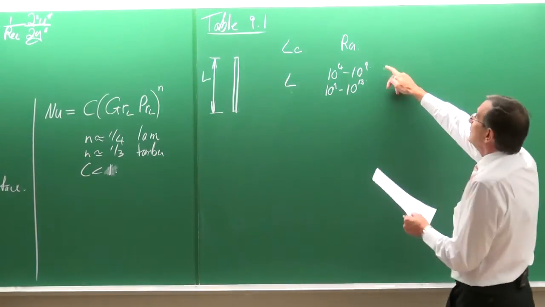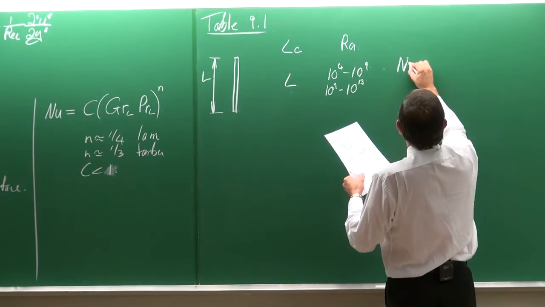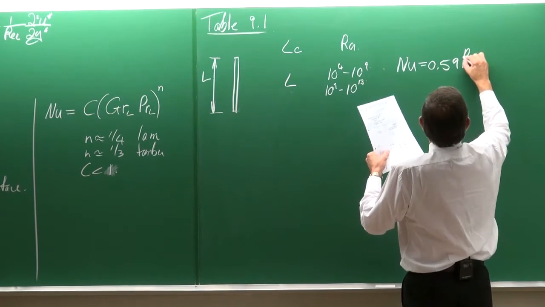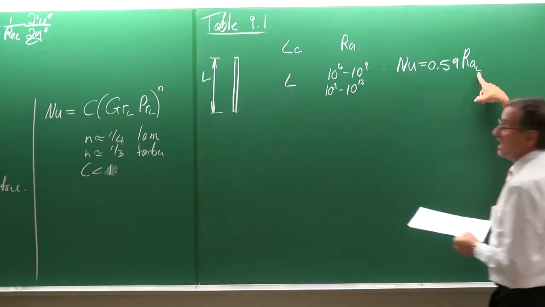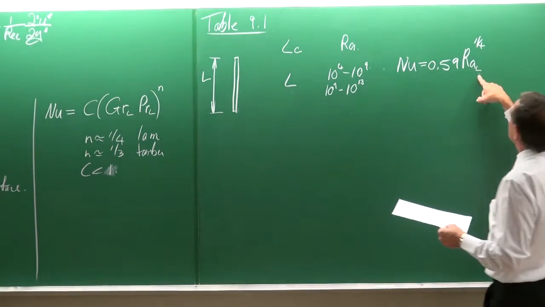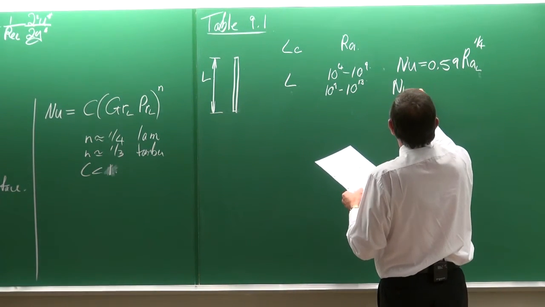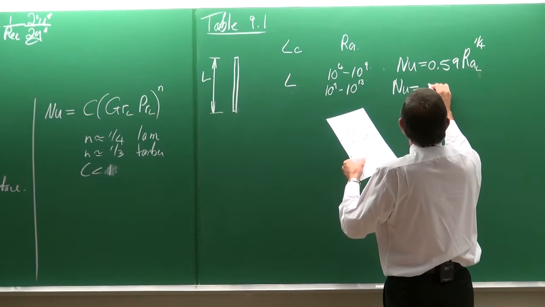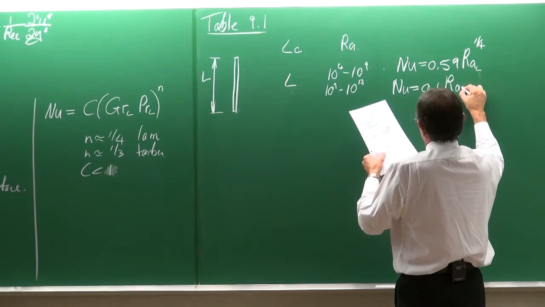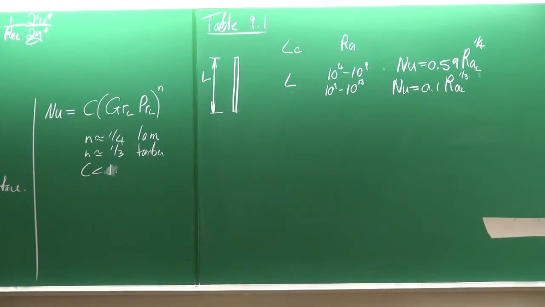Okay, so it says that if the Rayleigh number is between 10 to the 4 and 10 to the 9th, then the Nusselt number is equal to 0.59 multiplied by the Rayleigh number based on the characteristic length, L, to the power of a quarter, and if it is between 10 to the 9th and 10 to the 13th, the Nusselt number is equal to 0.1 multiplied by Rayleigh to the 1/3. Those are the two equations.